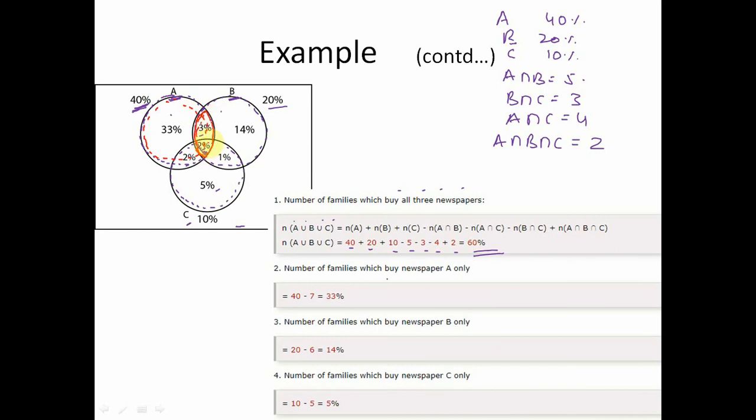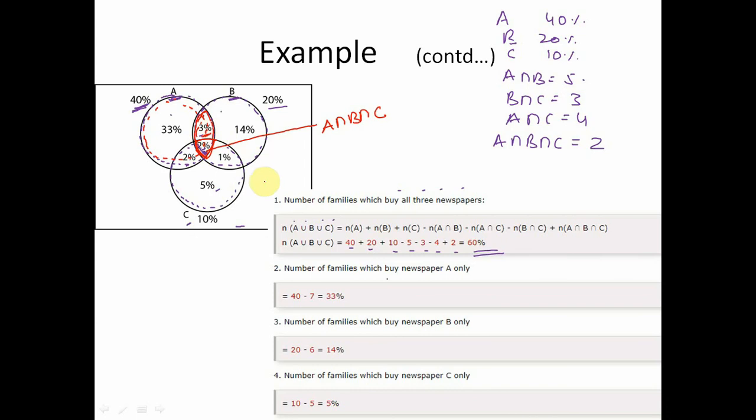Out of this 5%, this portion is actually the A intersection B intersection C. This is 2%, so that leaves 3% over here, and 2% over here.